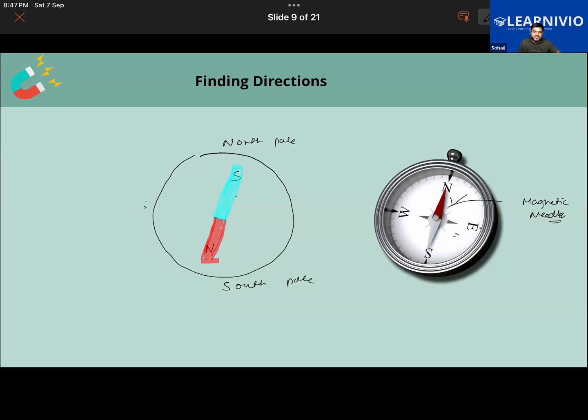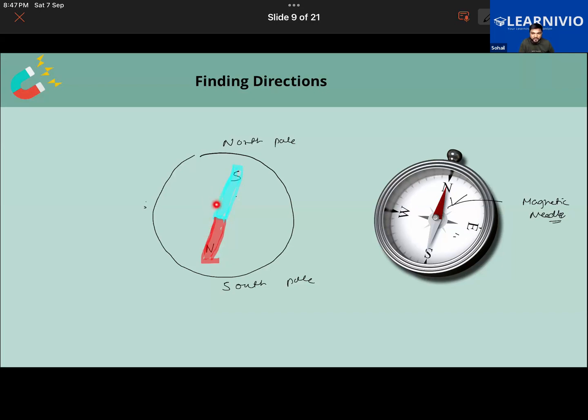See, basically, our Earth also behaves as a giant bar magnet. At the center, our Earth would be behaving as a giant piece of magnet. So this is the south pole of the Earth's magnet, and this is the north pole of the Earth's magnet. Just think of a huge bar magnet, and now imagine it running through the Earth.